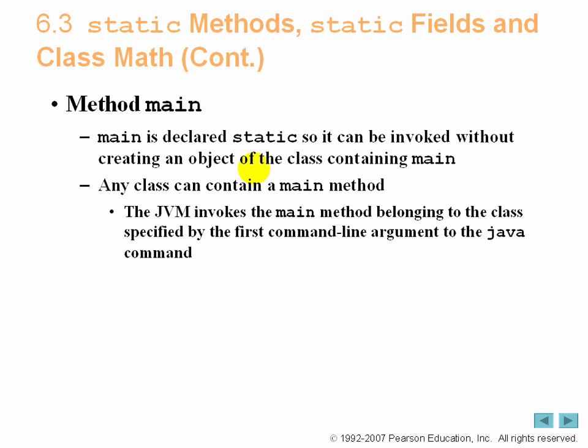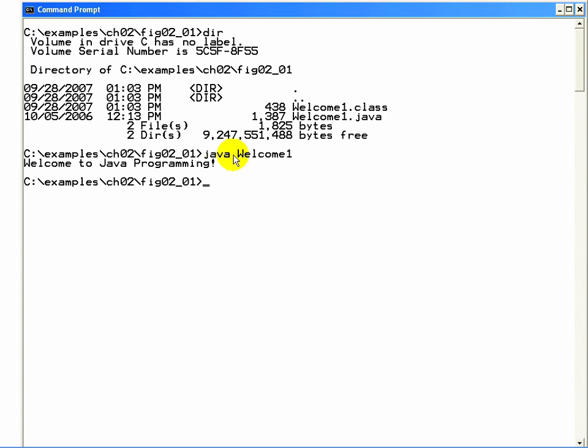Now, any class that you ever define can contain a main method, but the only one that matters is the one that you specify in the command prompt when you say java followed by a class name. So if you have a multi-source file program, every individual class that you define in those different source code files could potentially contain main, and some people actually build main into lots of class definitions as kind of a self-testing mechanism.